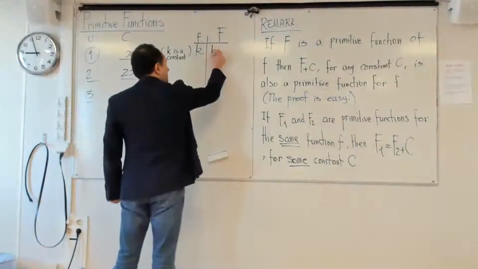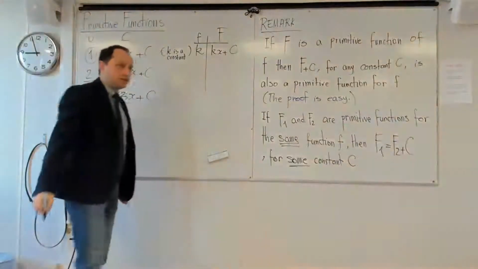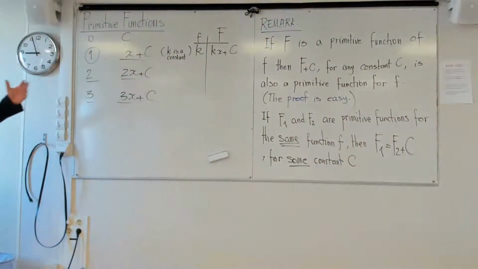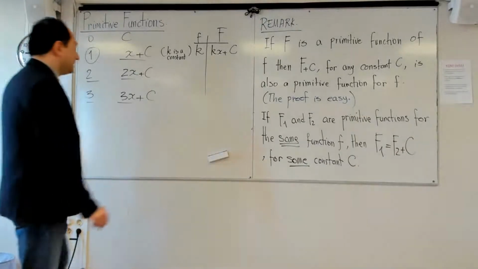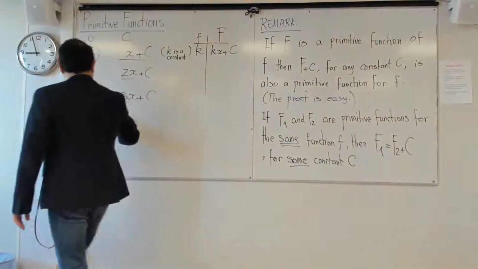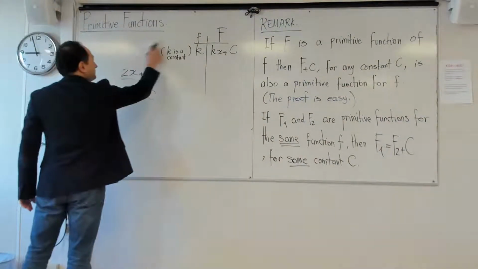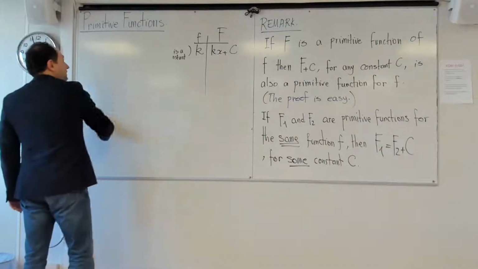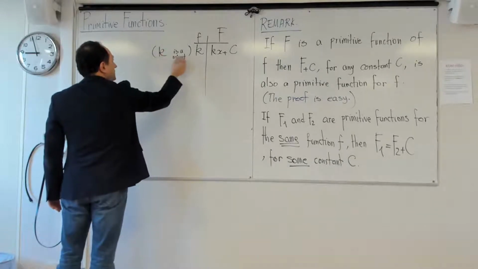And then I have to add a constant c at the end. Is that understandable? So you see, that's completely guesswork. Okay, so k is a constant.